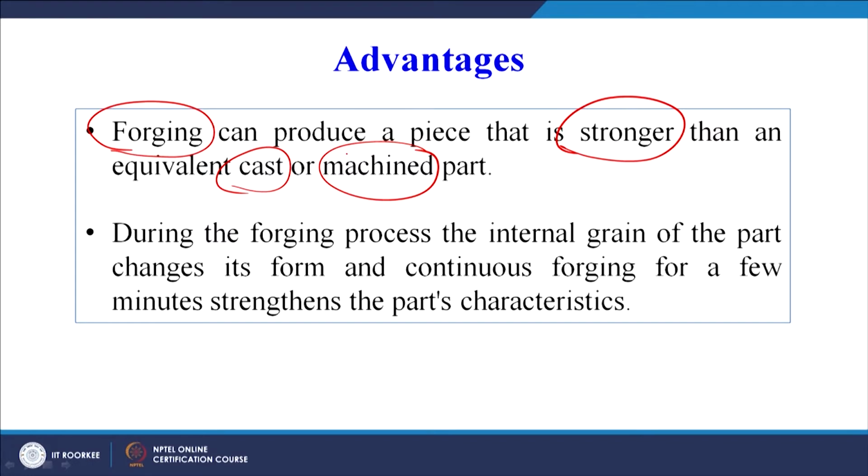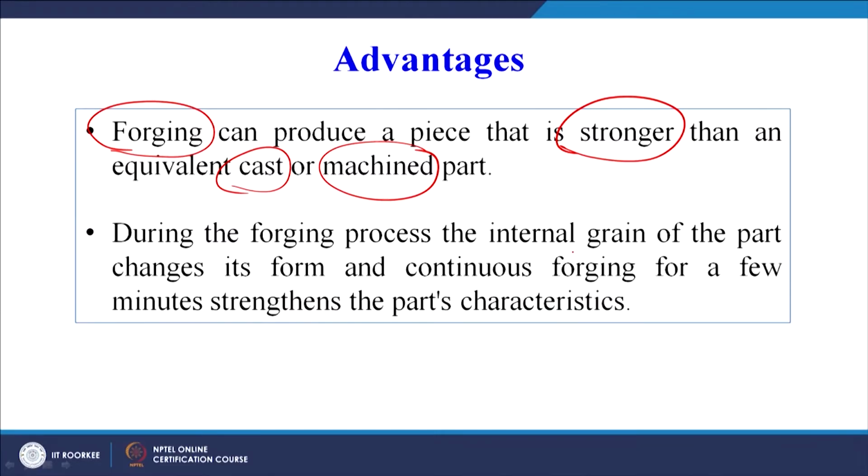So this is a very general guideline. There can be certain exceptions to this guideline, but generally as a product designer we can use this as a rule of thumb, that if for a specific metal we are using a forging process, we can get a stronger part as compared to if we make the same part or product by casting or by a machining process.